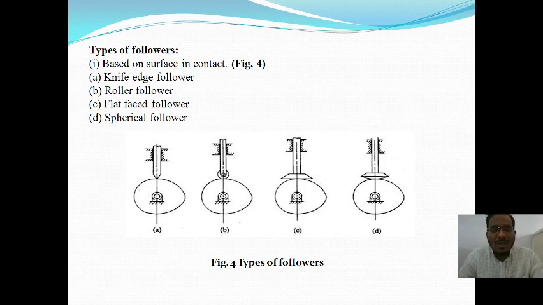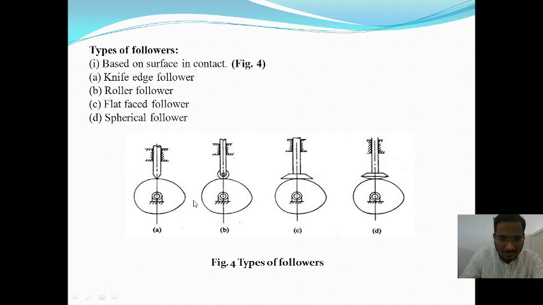So you can see here what types of followers there are and how they look. The first one is the type of follower based on the surface contact. The first one is the knife edge follower. The follower has a knife edge like this. Here you can see, this is called the knife edge follower. This is the follower and this is the cam.